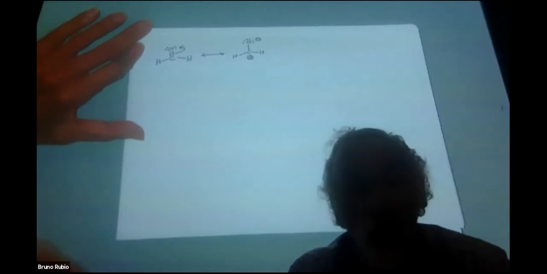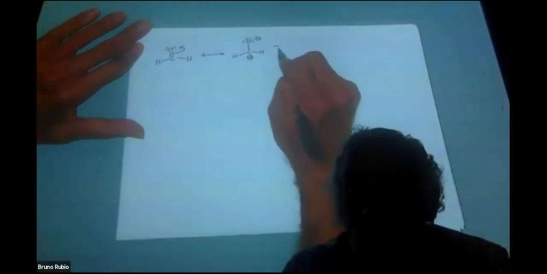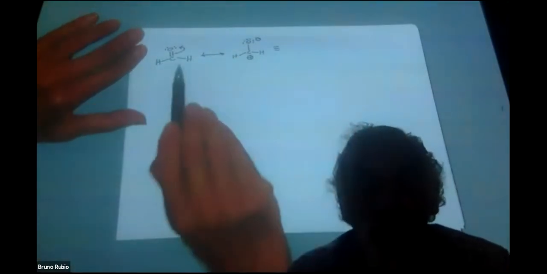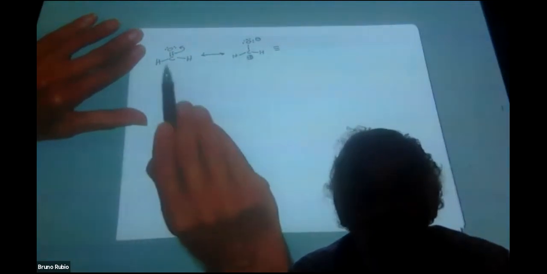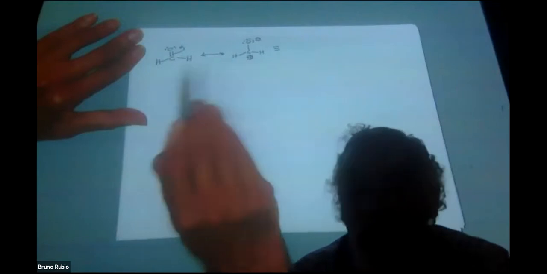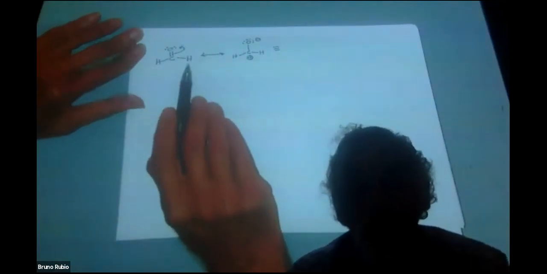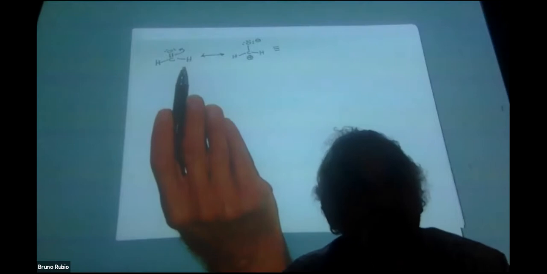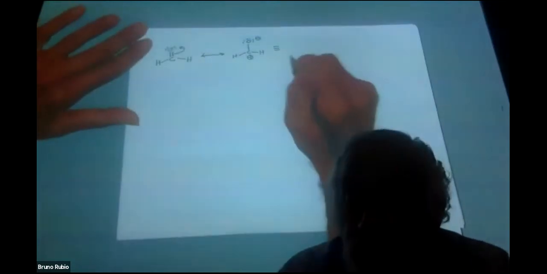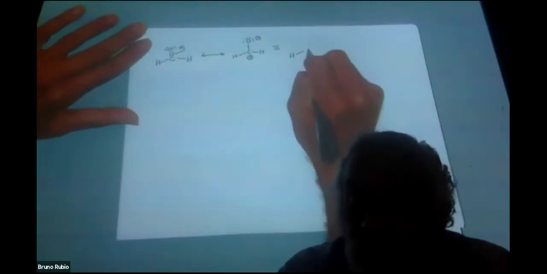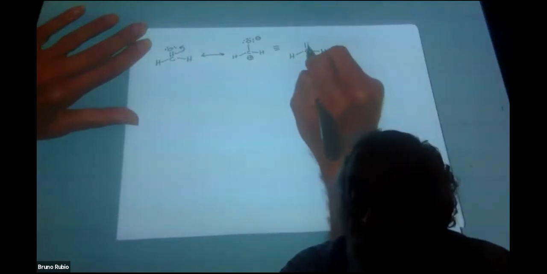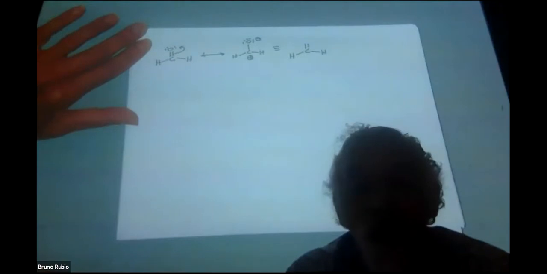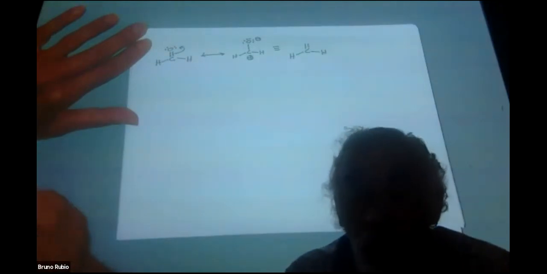But remember, what resonance structure is saying is that the actual structure of the molecule never looks like this, never looks like that. This is the horse, this is the donkey, but the actual structure of the molecule is a composite of its resonance structures. So that is not really a carbon-oxygen double bond. It's somewhere between being a single bond and a double bond.